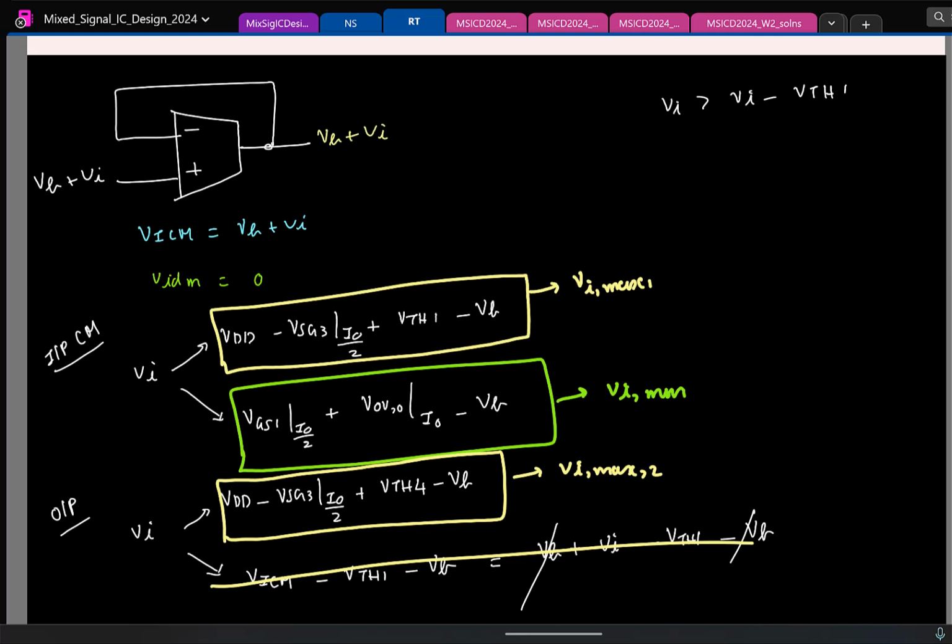Minimum of the two, right? Here you see the two voltages are basically identical. The only difference is in the threshold. So whichever is smaller, you take it. Okay. So the final Vi max is basically the minimum of all the maximum limits you get from your circuit. Is it clear?